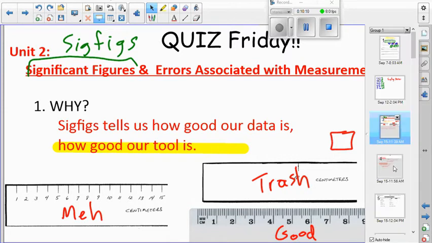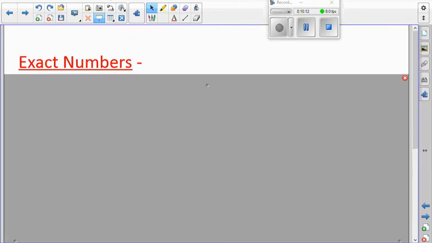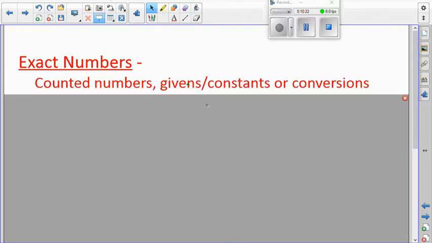So, let's talk about exact numbers now. This slide, by the way, will make you feel a little bit better. We're going to get a little confidence boost, and that's not a trick. So exact numbers include counted numbers, givens or constants, or conversions.